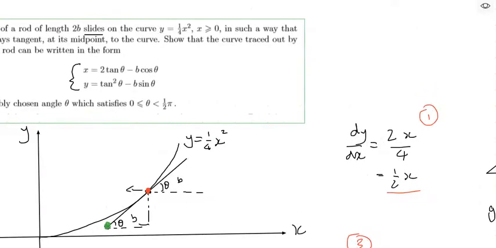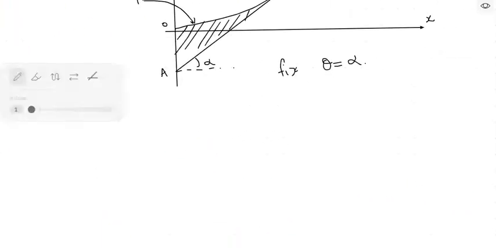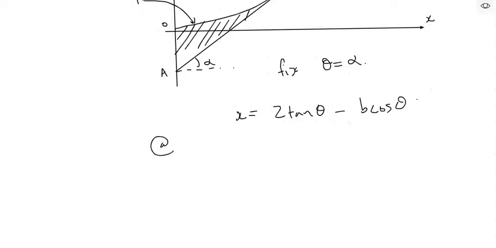So we know that at the point A, the x value is 0. So x was 2 tan theta minus b cos theta. And at A, x equals 0. So we have 0 equals 2 tan theta minus b cos theta.